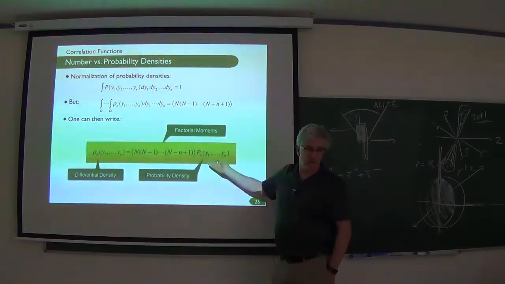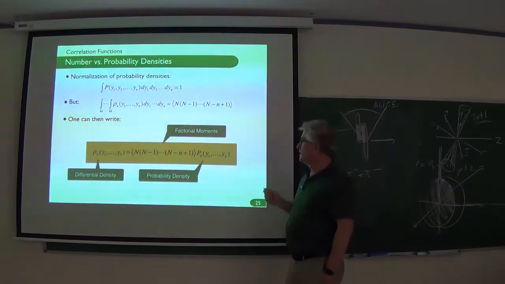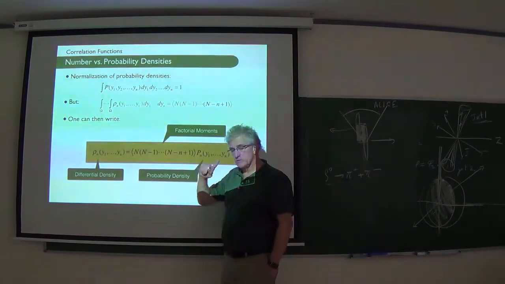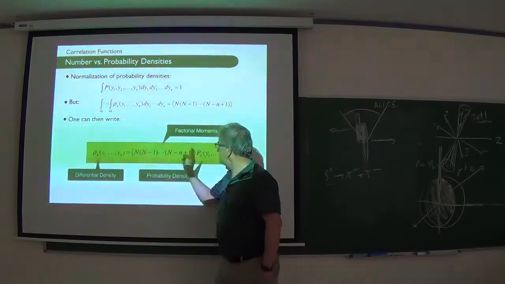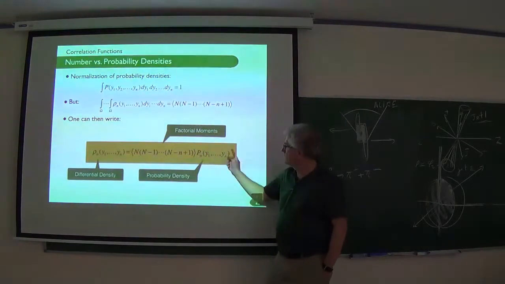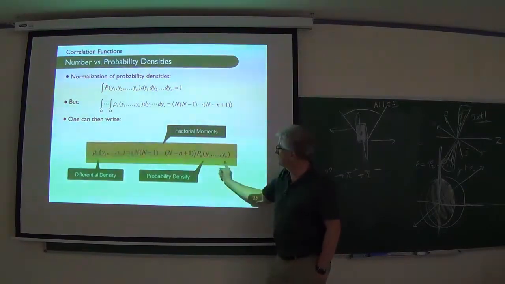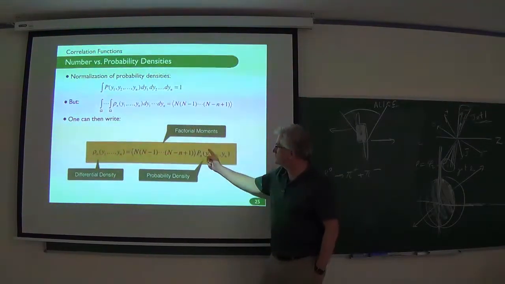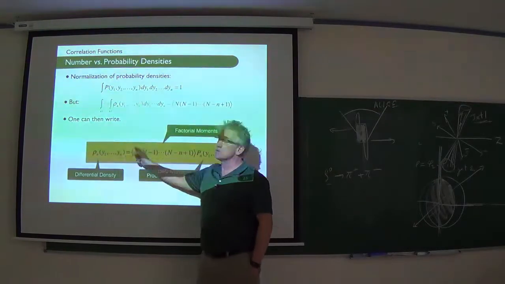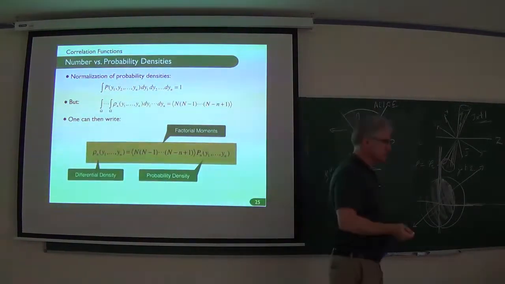There's a certain advantage of thinking that way sometimes to understand the distinct roles of multiplicity fluctuation and spatial or momentum correlation. So this part will capture momentum correlation, whereas this part will capture multiplicity fluctuations.